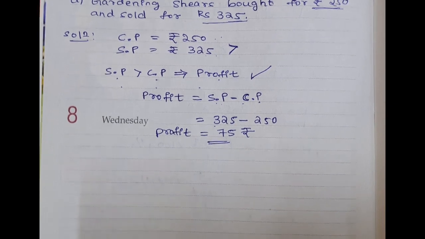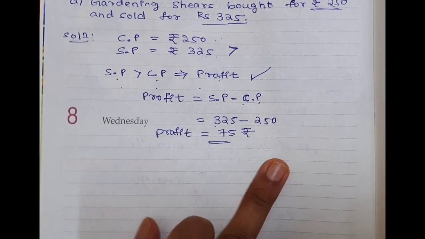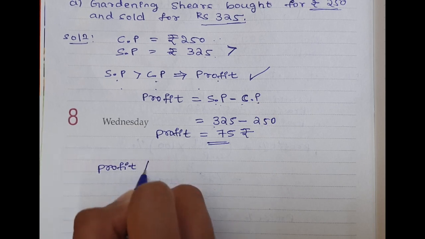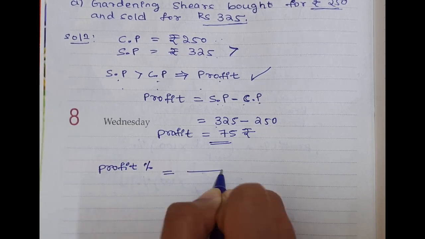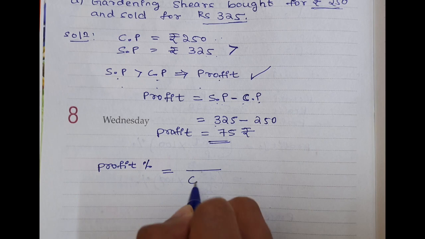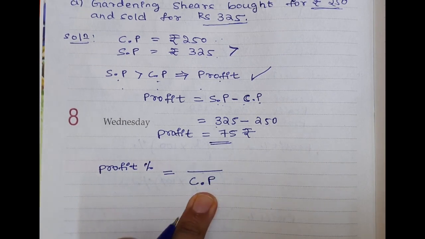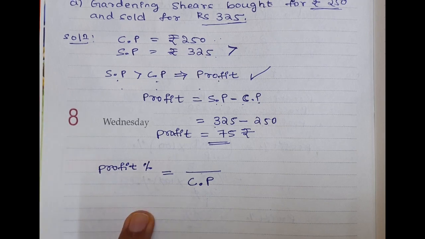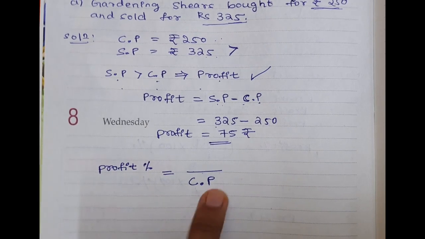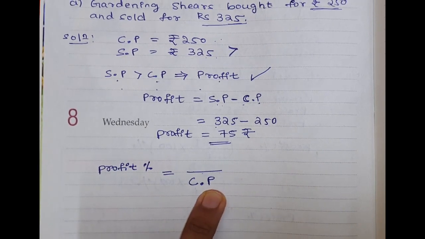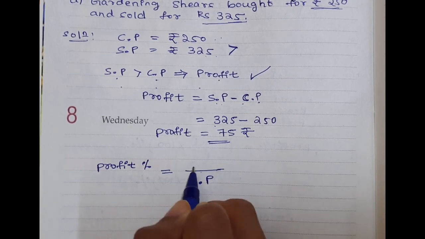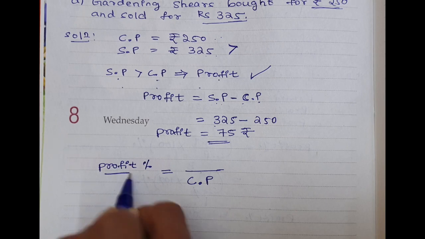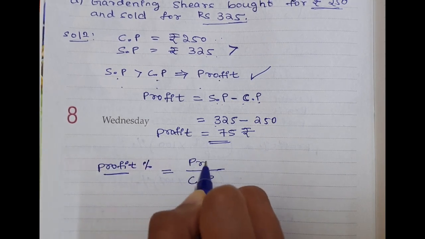The second task is to find the profit percentage. How to find the profit percentage? There is a formula. We have to write the cost price in the denominator. Irrespective of profit percentage or loss percentage, we have to write the cost price in the denominator, and in the numerator, if we are finding profit percentage, then write profit.